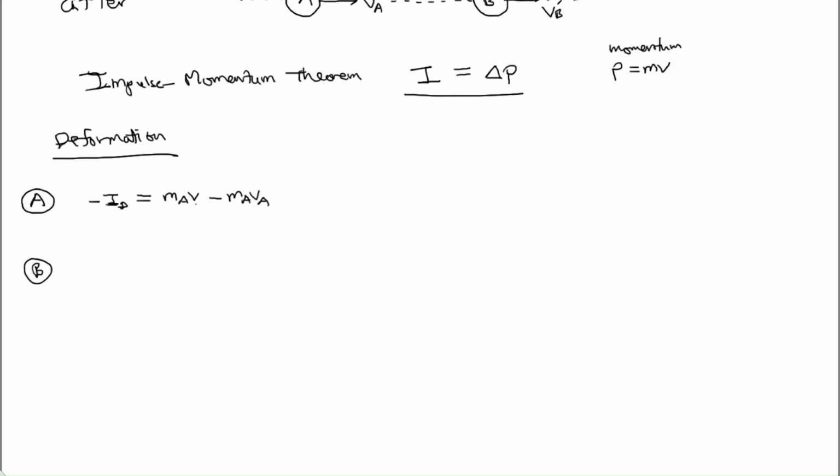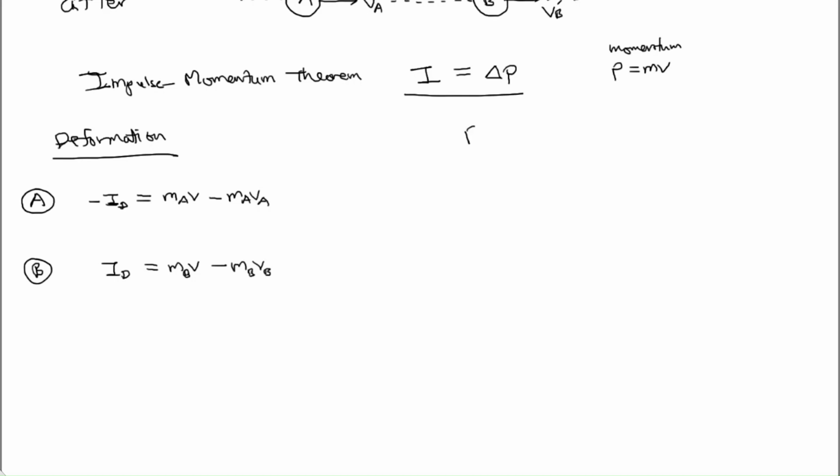At the end of the deformation phase, both objects have this common velocity v, and prior to the deformation phase, object A had a velocity v sub A. Let's do the same thing for object B. In this case, positive I sub d is going to equal m sub b times v minus m sub b v sub b.